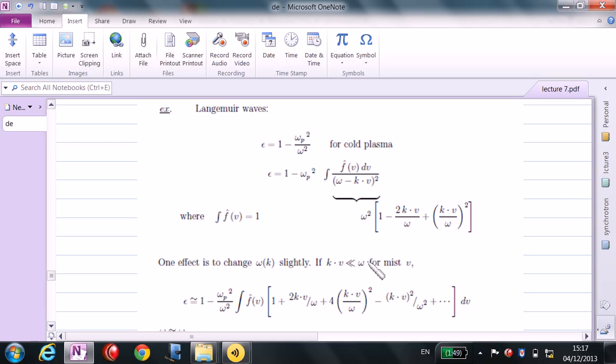And the first person who tried to solve the Vlasov equation self-consistently was Vlasov. And he didn't know what to do with this denominator. The Vlasov equation is just the equation in phase space for the distribution function.